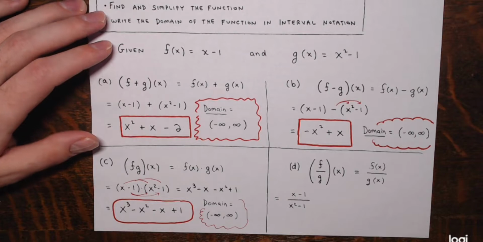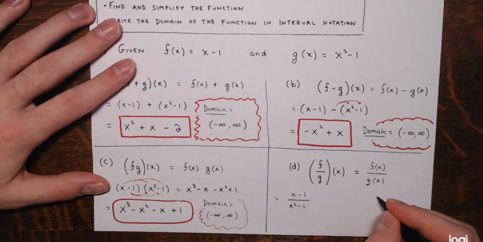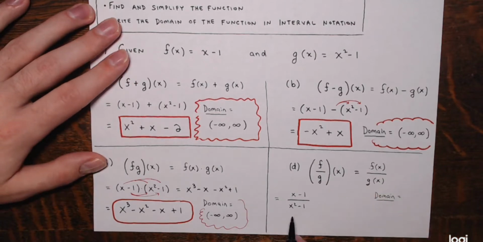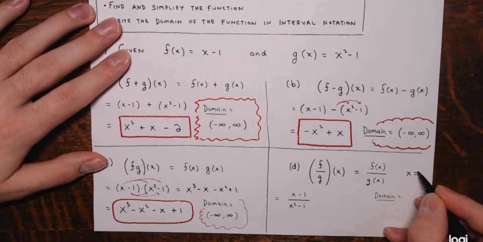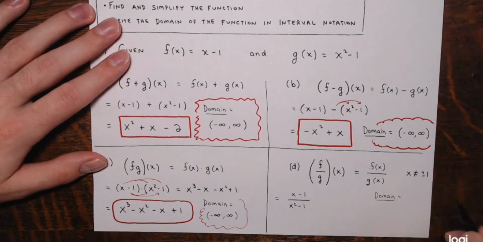Now here's where we're going to have some domain problems. Remember, the denominator can't be 0. So x can't be positive or negative 1. Because if x were 1 or negative 1, this denominator would be 0, and you can't have a denominator of 0.